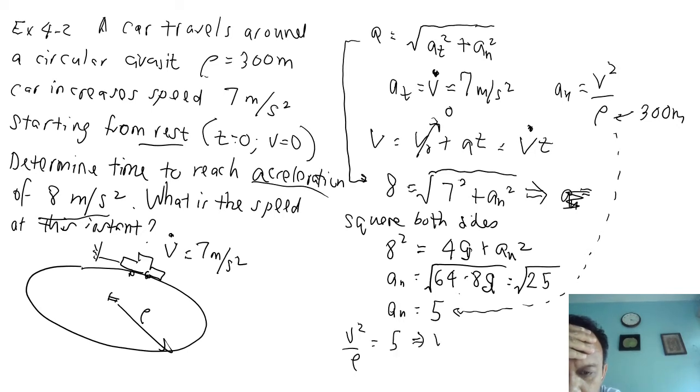So v square equals 5 times 300, 1500, and then square root, we will have about 34.1 meter per second. So what is the speed at this instant? The answer is 34.1 meter per second.